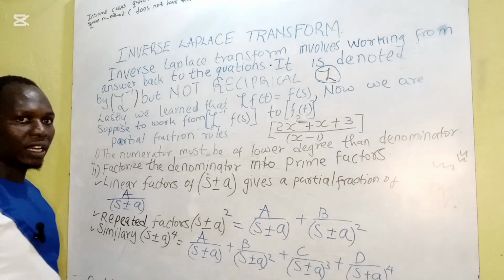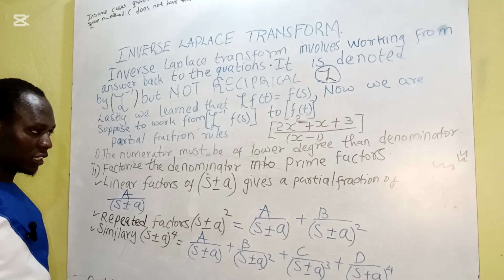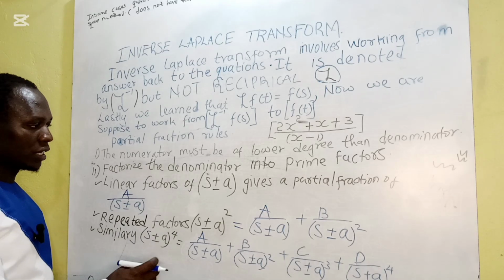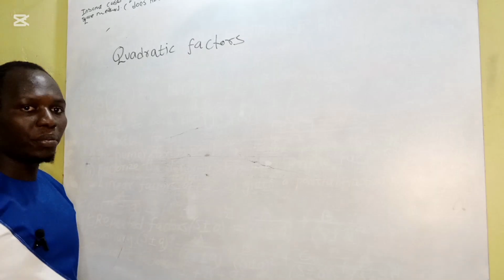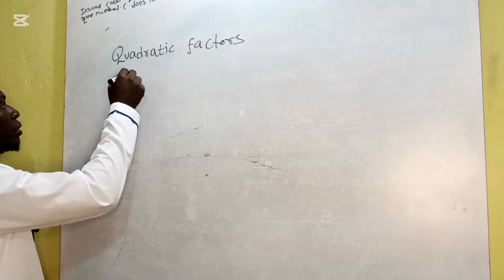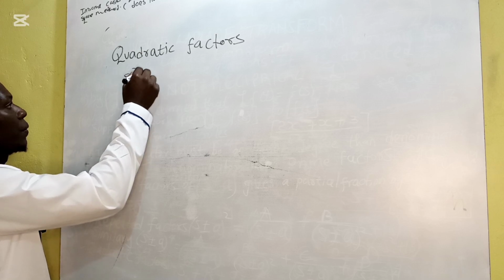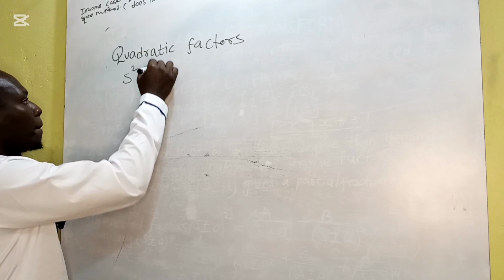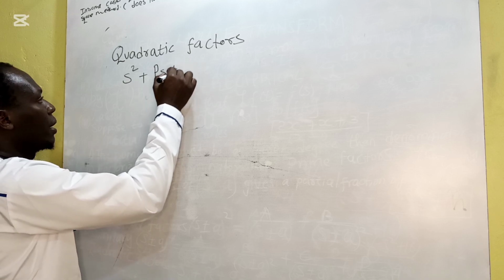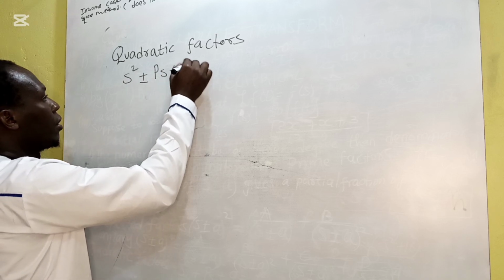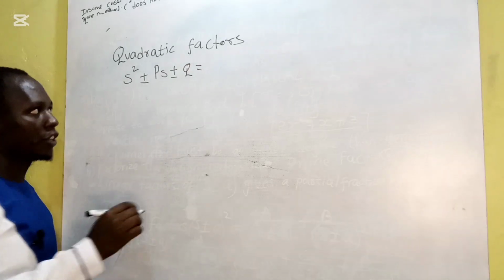Let us now discuss the quadratic factor. When we've been given a quadratic factor on the denominator, let's say s squared, we come and add ps, we come and add, it can either be positive or negative, here we are having q.